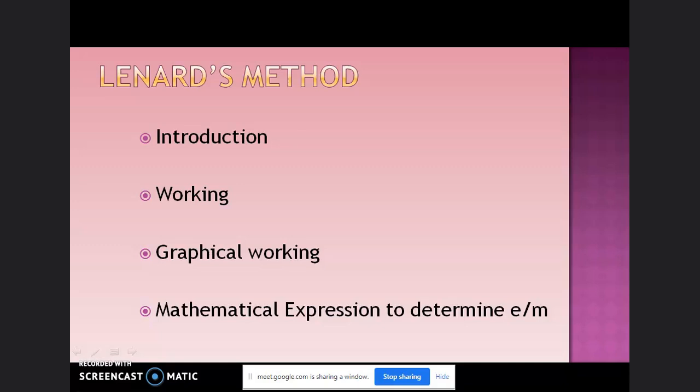So Lenard's method is used to determine the e by m ratio, the electron charge per mass ratio, and this is divided into four sessions: introduction, working, graphical working, and mathematical expression.